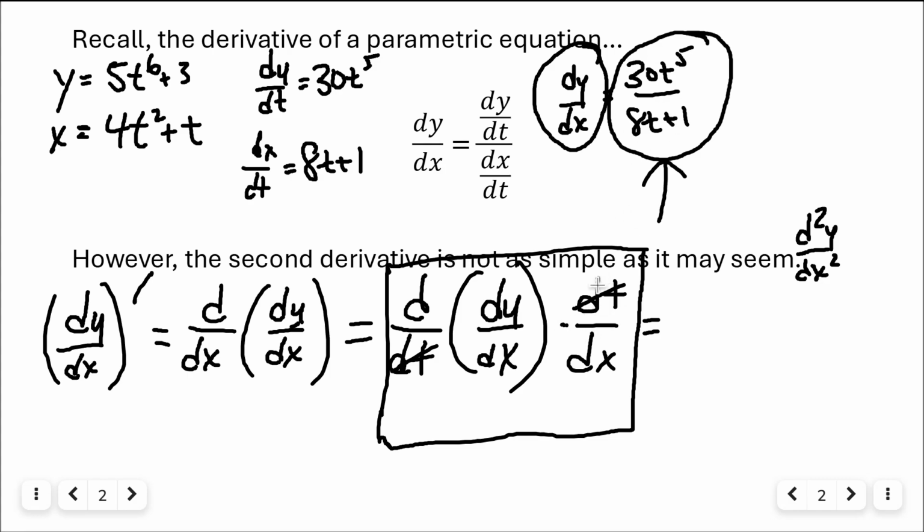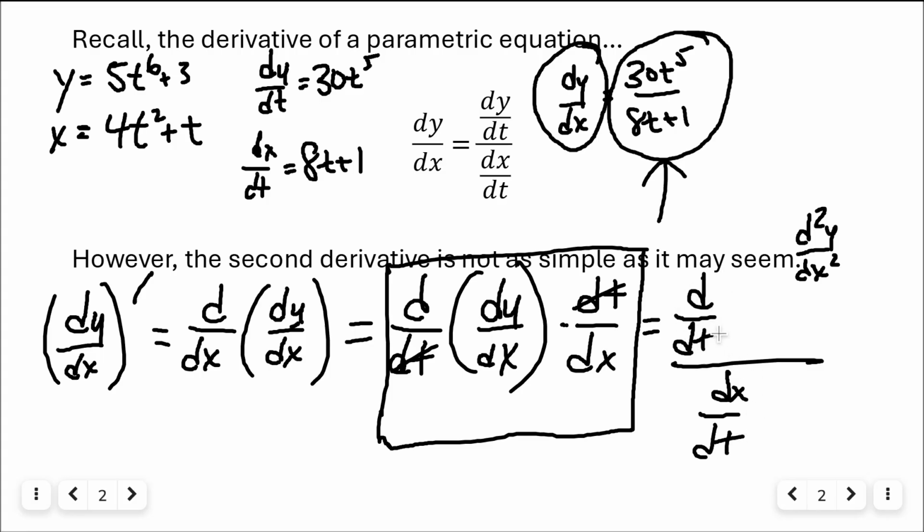But instead of multiplying by dt/dx, I'm going to take dt/dx and move it to the denominator. If I put it in the denominator instead, it flips over and becomes dx/dt.